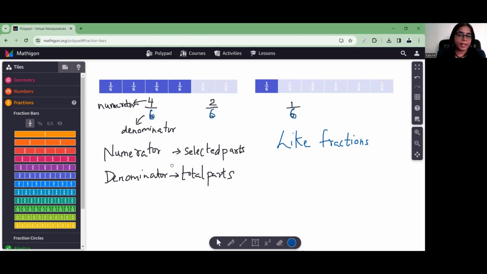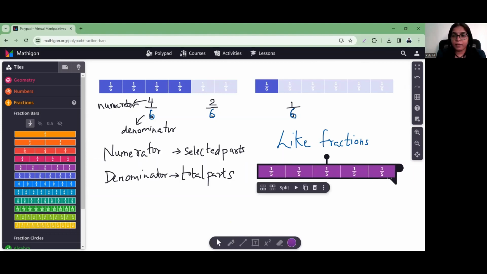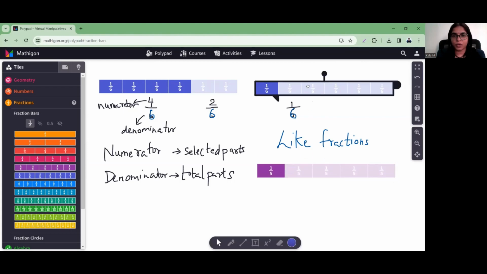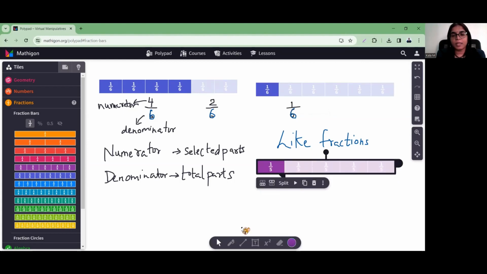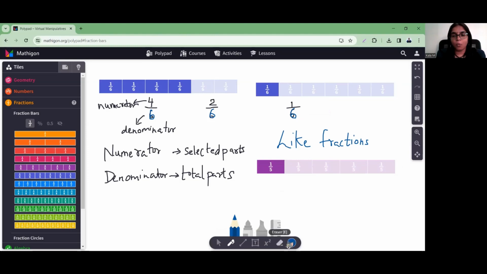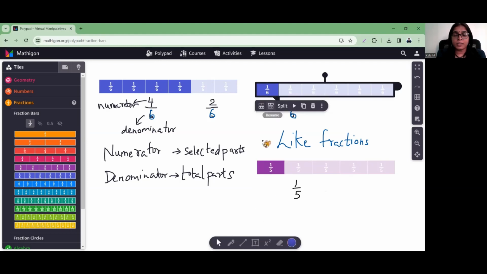Now, for example, let's take this fraction and this fraction. If you see what happens, this is 1/5, isn't it? It's 1/5. And if I compare this one and this one, what happens? They're not the same. They're not like each other.